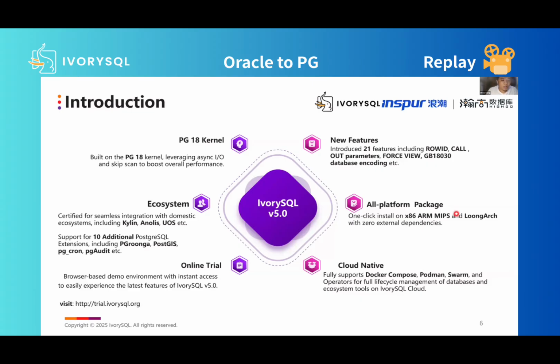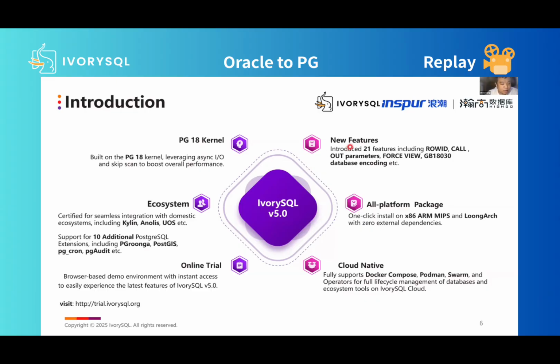Let me give a brief introduction to IvorySQL release 5 in 6 parts. The first one is that IvorySQL inherits the Postgres 18 enhancements, including the AIO subsystem and UUID version 7, and others.